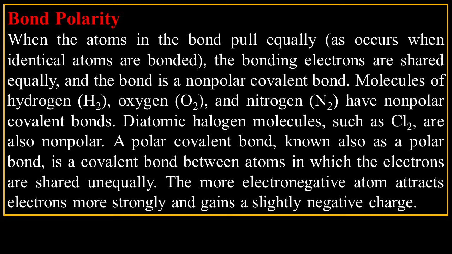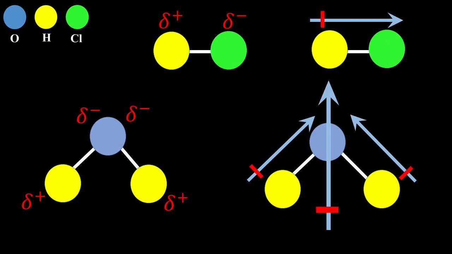A polar covalent bond, known as a polar bond, is a covalent bond between atoms in which the electrons are shared unequally. The more electronegative atom attracts electrons more strongly and gains a slightly negative charge. Here are some examples of that, where you have this kind of unequal sharing and you create this dipole.